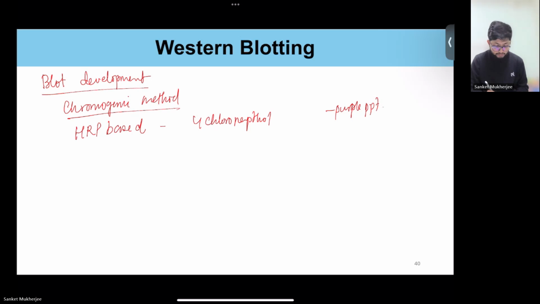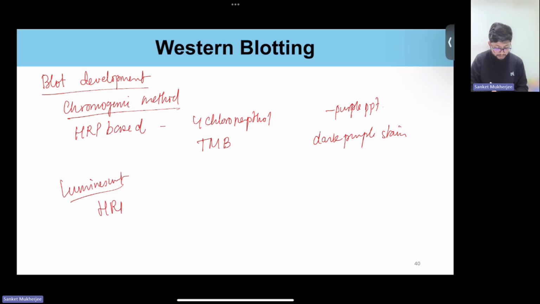There could be TMB, which gives a dark purple stain. For luminescent, if it is HRP based, there is luminol and hydrogen peroxide, which gives a blue light. When luminol gets oxidized, it gives a blue light.